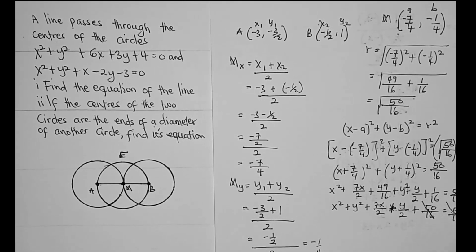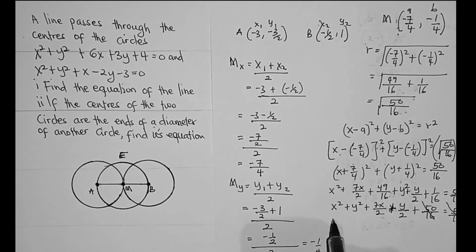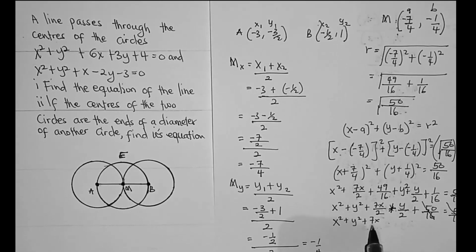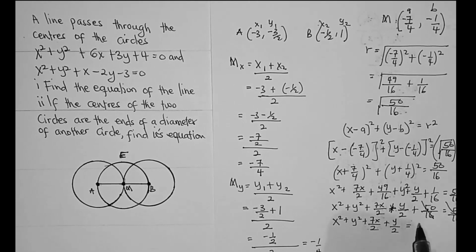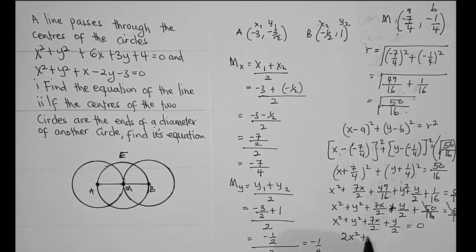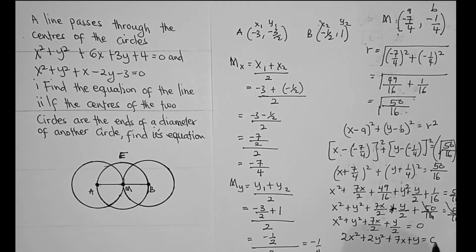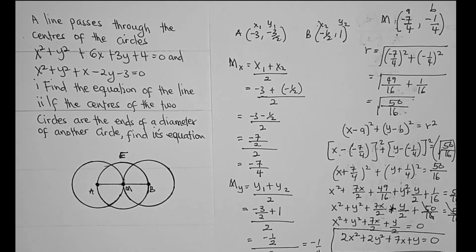So we are now left with x squared plus y squared plus 7x over 2 plus y over 2 equals 0. So let's multiply through by 2, and that becomes 2x squared plus 2y squared plus 7x plus y is equal to 0. So this is the equation of the third circle.